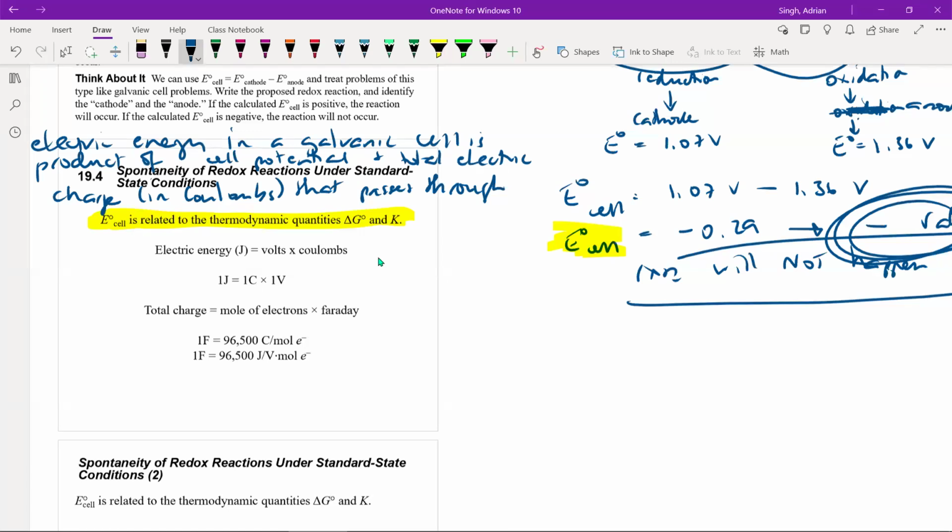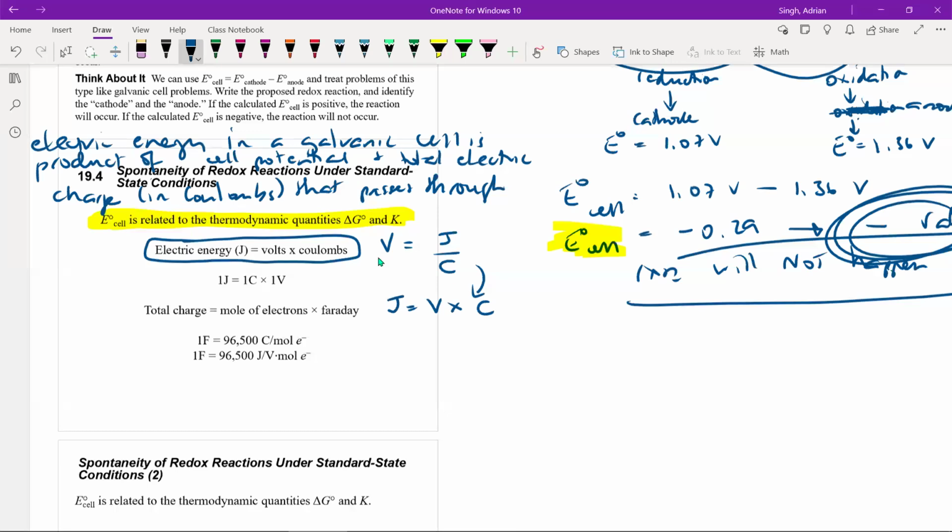So remember now your electric energy, which is in the unit of joules, is the product of volts times the charge, coulombs, right? We saw this before. We said that the voltage is equal to joules over coulombs. We just rearrange this equation and we get joules equals the voltage times coulombs. Coulombs there is the unit of charge. Voltage is what we've been measuring or calculating previously.